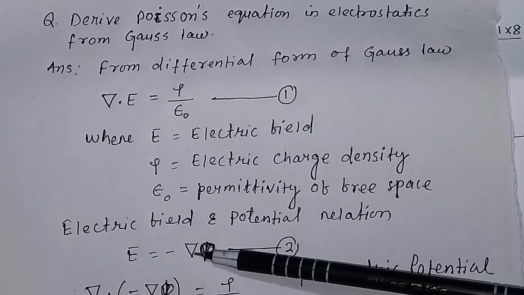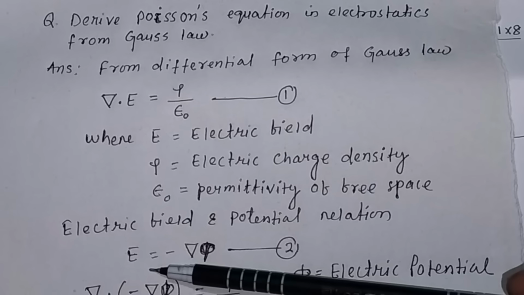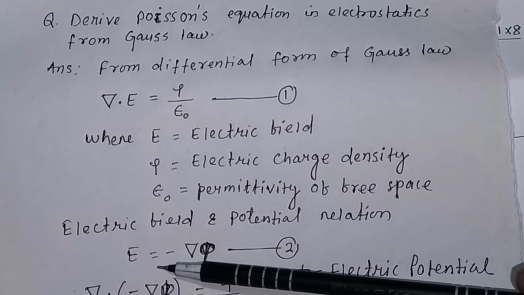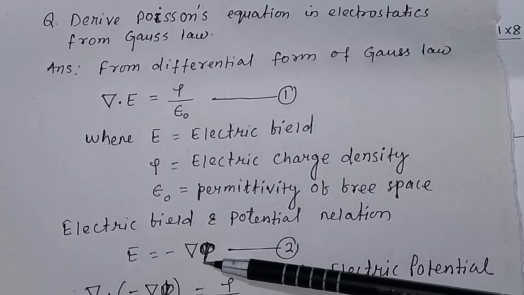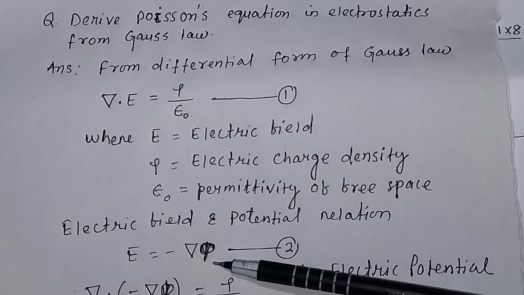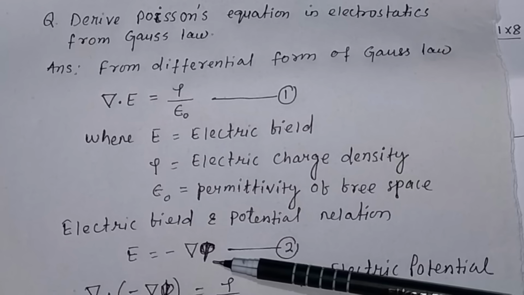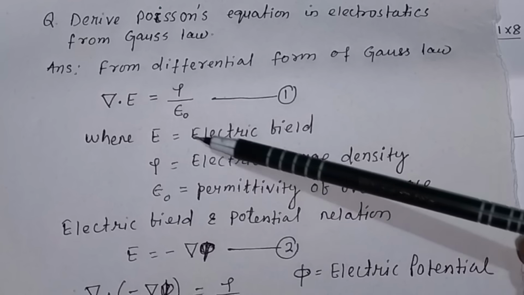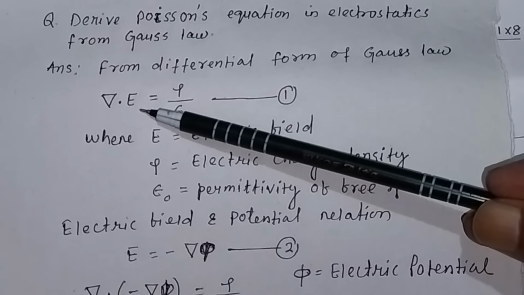Again, we know from the well known relation between electric field and electric potential that the electric field is equal to negative gradient of potential. We know when a del operator operates on a scalar, that is called the gradient, and when a del operator operates on a vector, that is called divergence.